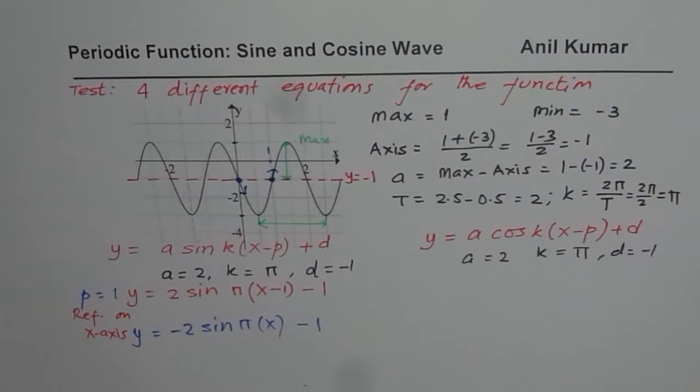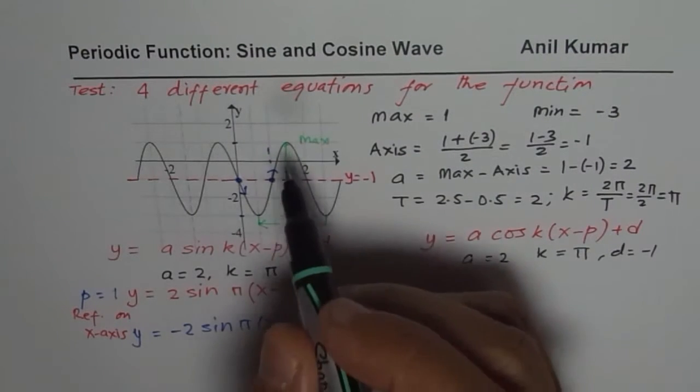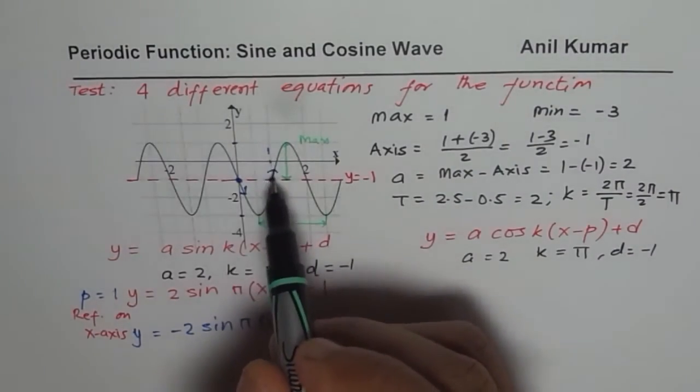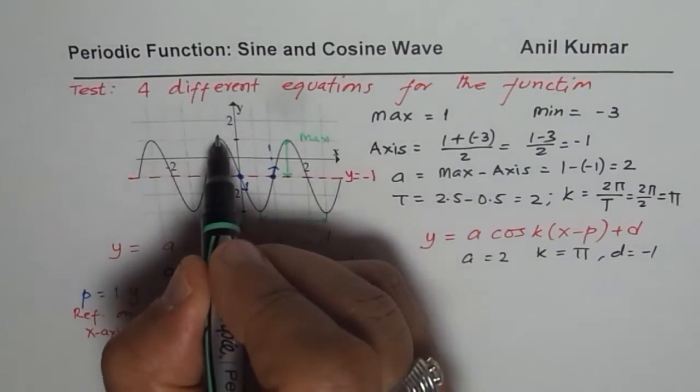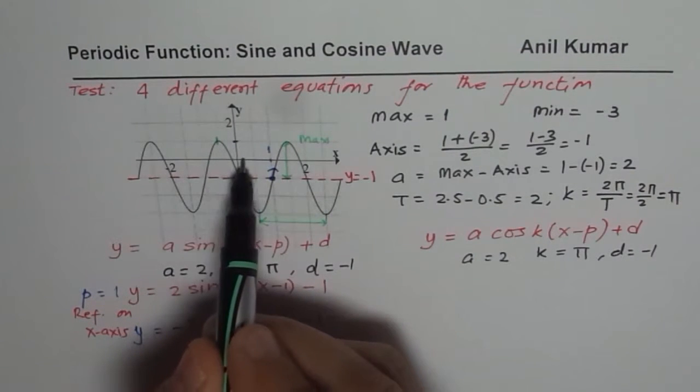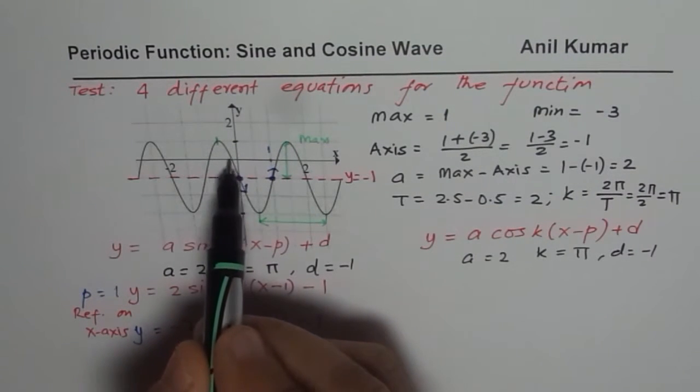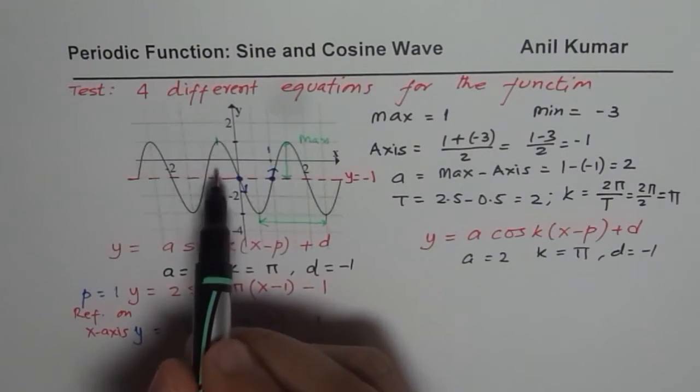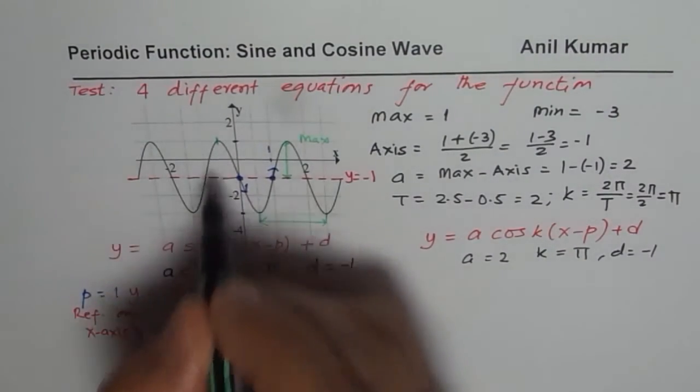Let us do the same for the cosine function. For the cosine function, the wave starts with the maximum. The wave starting from the maximum close to the axis is right there. Now it starts from 0.5 on the left side. Do you see that? It starts 0.5 to the left side. Each division is 0.5 here.